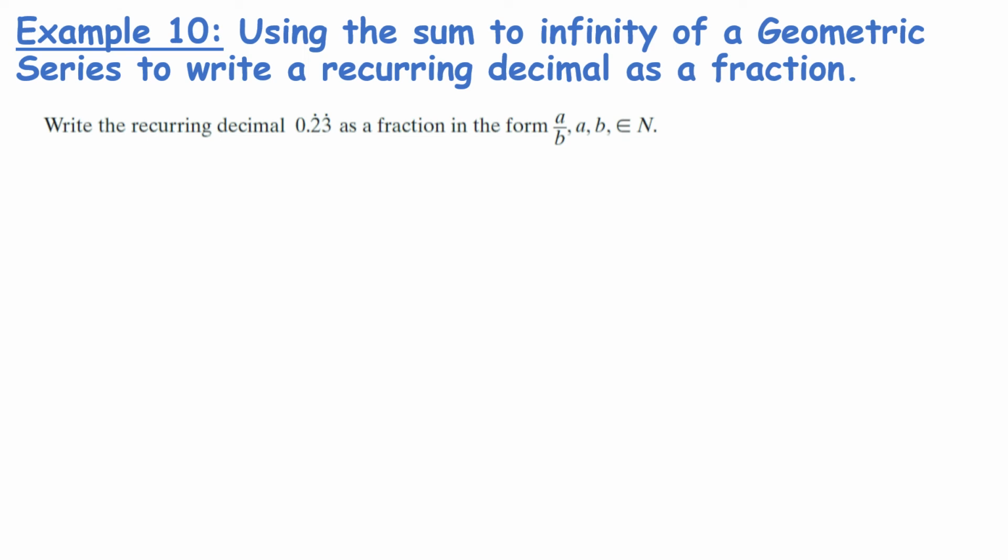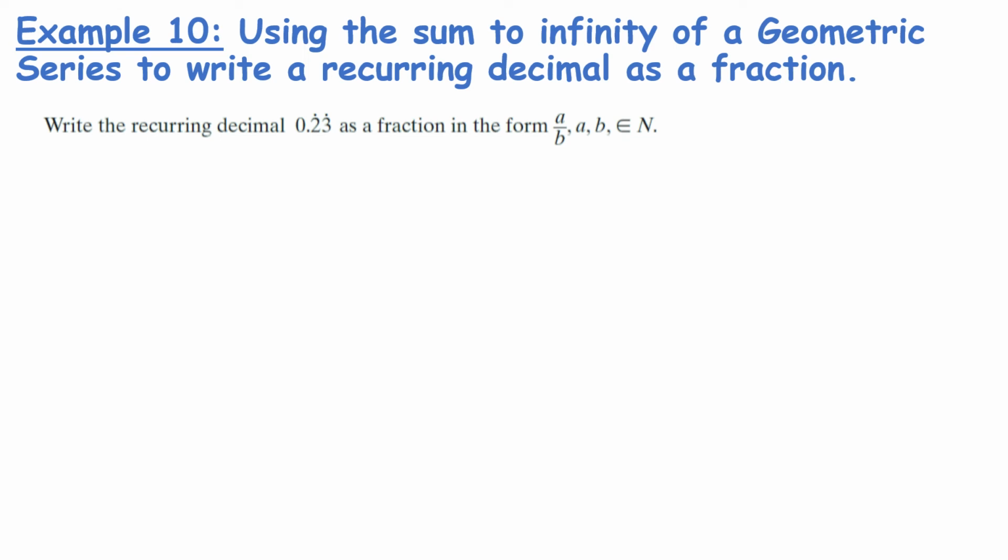So they want us to write this recurring decimal as a fraction. Now, there are some other ways of doing it. However, when we've seen this up on sample papers, we've seen it asked as using the sum to infinity of a geometric series. So they've been very clear that they want this method. There is no shortcut here.